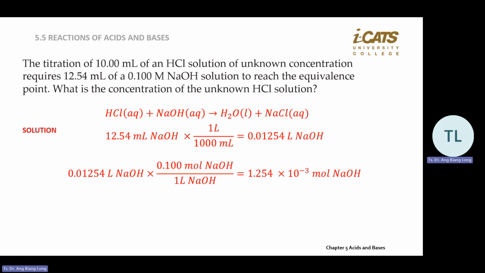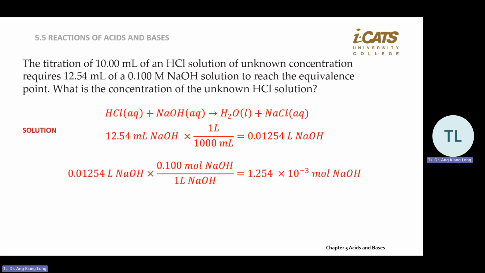Then you do the conversion: X liter equals 12.54 ml divided by 1000 ml per liter. Then you get 0.01254 liter NaOH. You need to tell me what this is: this is NaOH.